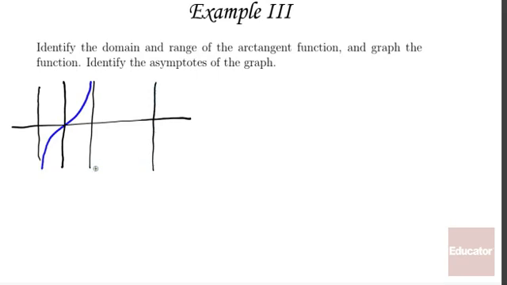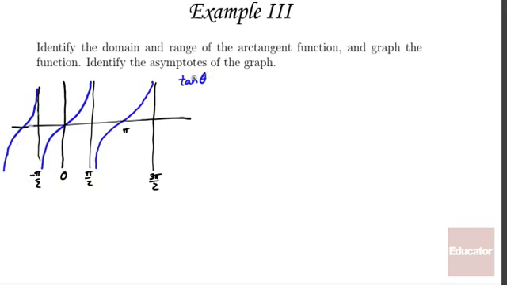It has period pi. So this is 0, pi over 2, negative pi over 2, and that's pi, 3 pi over 2. So what I graphed in blue there is tan theta.